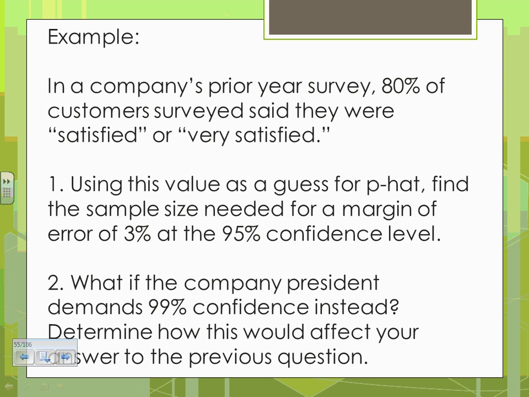So we want 0.03 to be smaller than or equal to 1.960 for your z-star times the radical of p-hat, which we now know is 80%, so 1 minus p-hat would be 20%, all over n, which is what we're going to solve for.